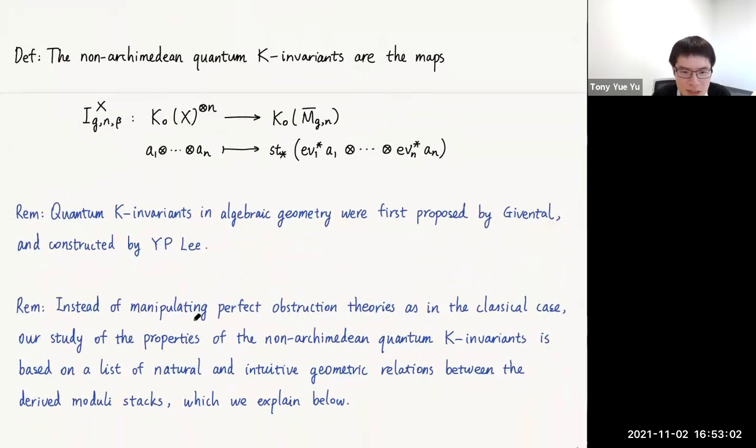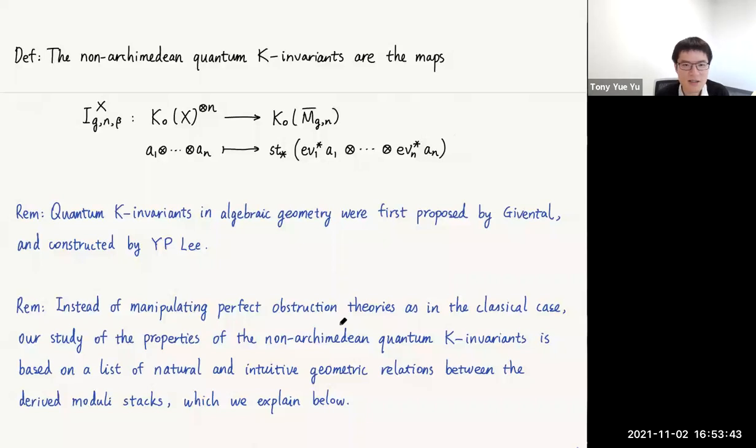Instead of manipulating perfect obstruction theories, as in the classical case, our study of the properties of the non-Archimedean quantum K-invariants is based on a list of natural and intuitive geometric relations between the derived moduli stacks, which I explain below. So in the classical construction by Y.P. Lee, the properties are proved based on properties of perfect obstruction theories.